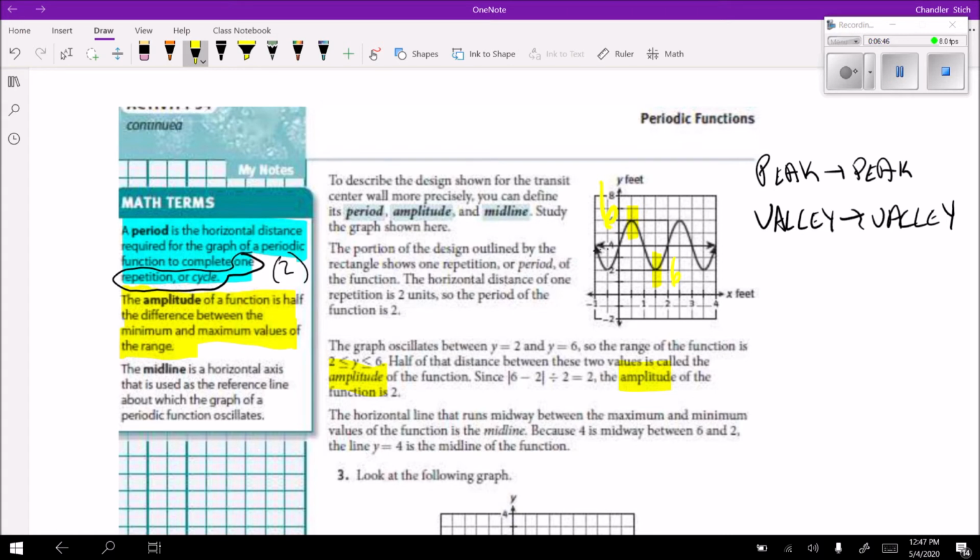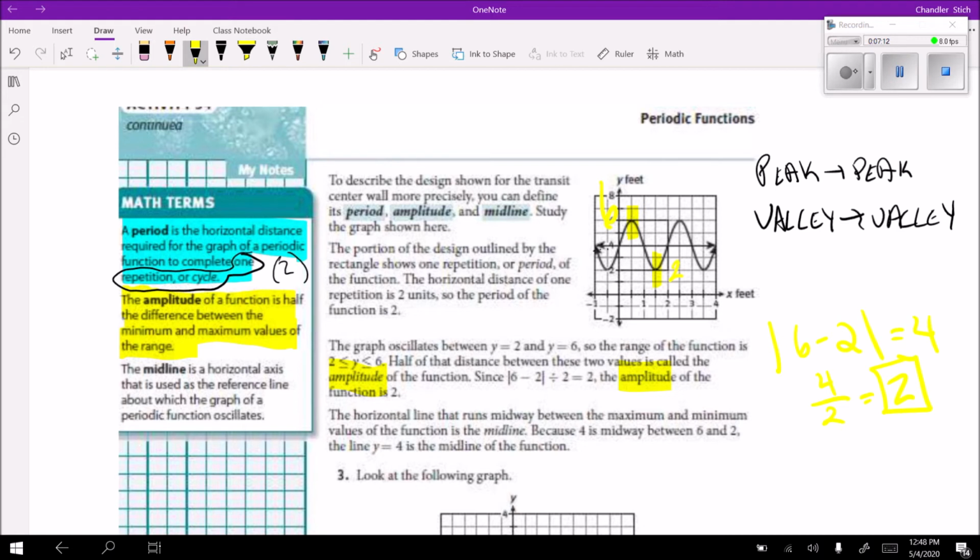We are above our x-axis here, so we have 2. So what I can do is I need to find the difference between the minimum and maximum values of the range. I take absolute value, 6 minus 2, which we know is 4, but then I do 4 divided by 2, and I get 2 as my amplitude.